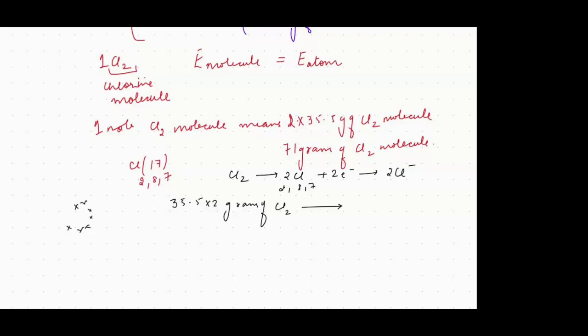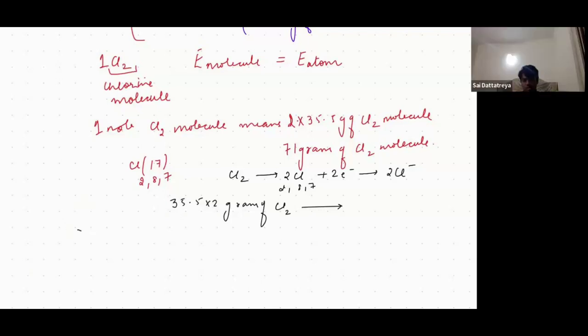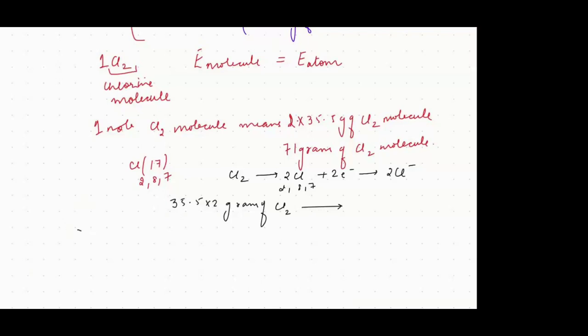You understand? So what exactly do you understand from this part? Tell me. So this is going to gain 2 moles of electrons. So I would say 35.5 times 2, that is 71 grams of chlorine shall gain 2 moles of electrons in order to complete its octet.